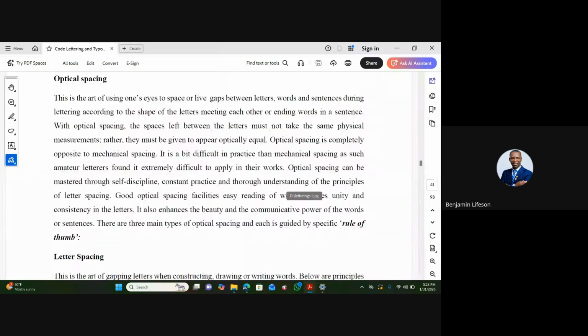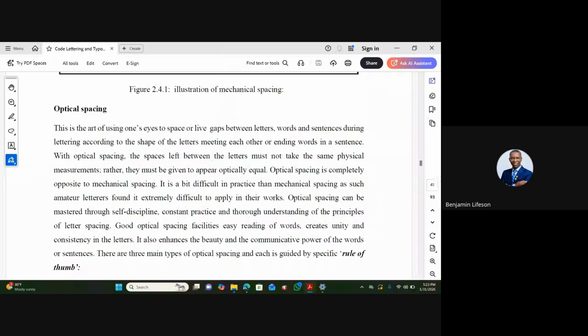All right. Now let's look at optical spacing. What is optical spacing? This is the art of using one's eye to space or leave gaps between letters, words, and sentences during lettering according to the shape of the letters meeting each other or ending words in a sentence.